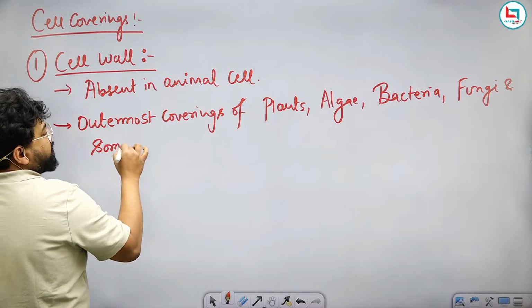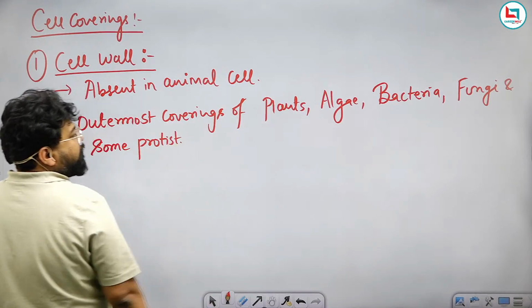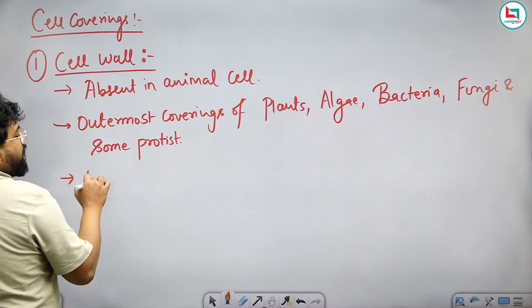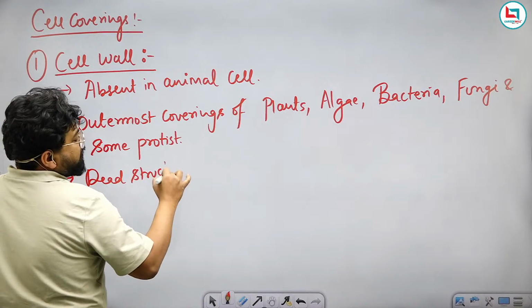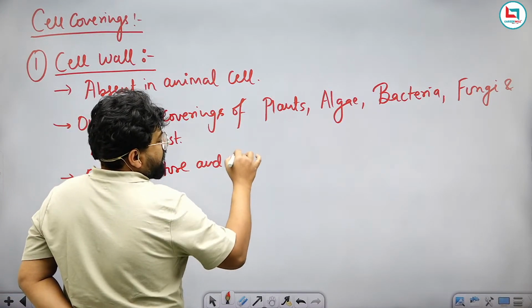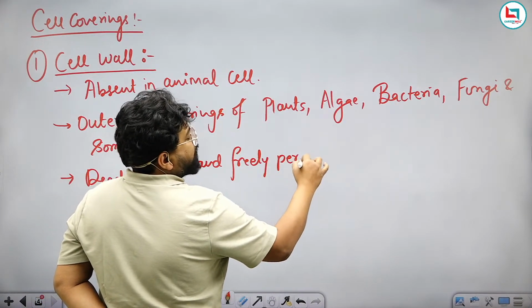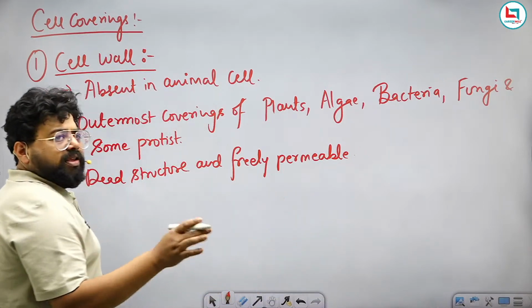Not all protists bear a cell wall, some protists do. So the cell wall is a dead structure, and this dead structure is freely permeable, meaning anything can pass through it. Most importantly, water can easily pass through it.